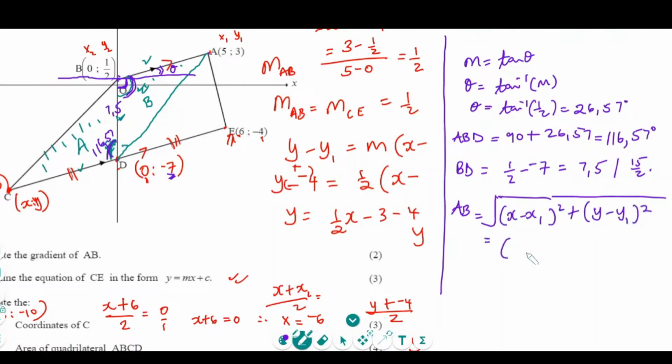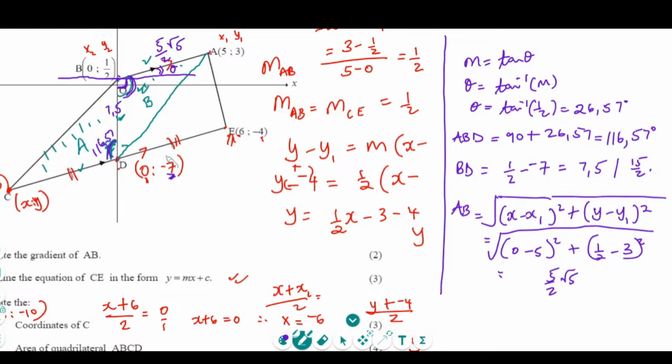I'll substitute: 0 minus 5 squared plus a half minus 3 squared. If I do that, then my AB is going to be 5/2 the root of 5.